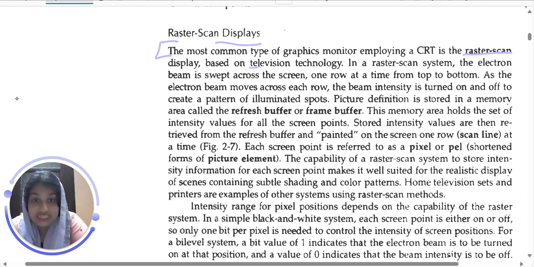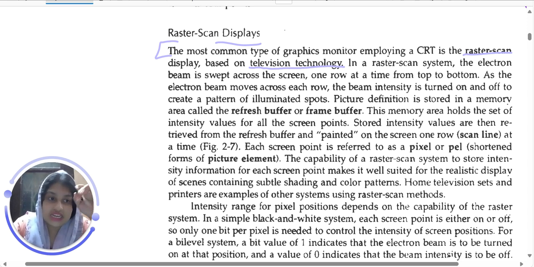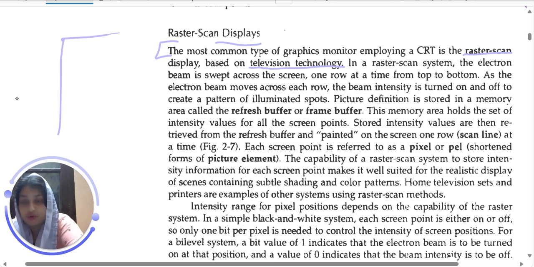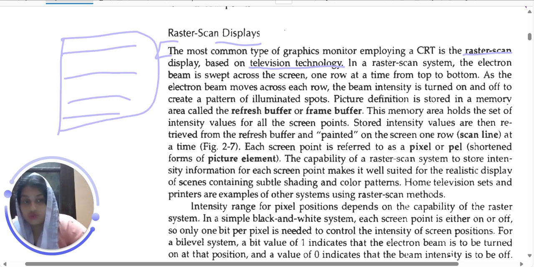Here we are using the television technology. In a raster scan system, the electron beam is swept across the screen one row at a time from top to bottom. So from top to bottom, it is going like rows.